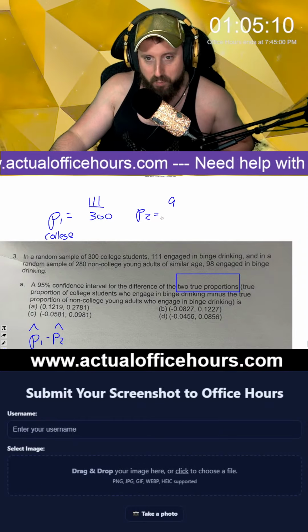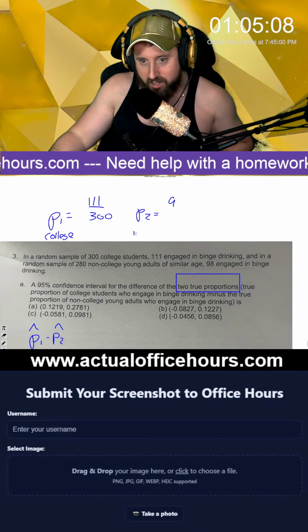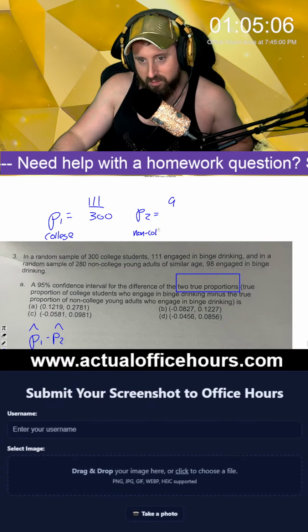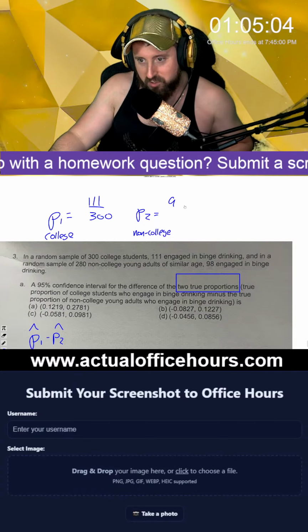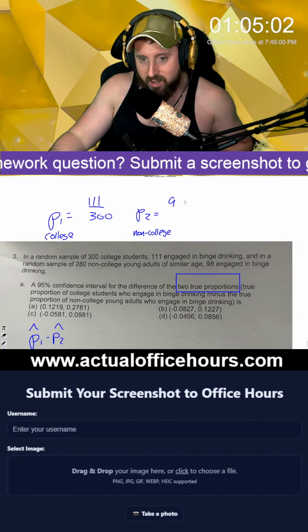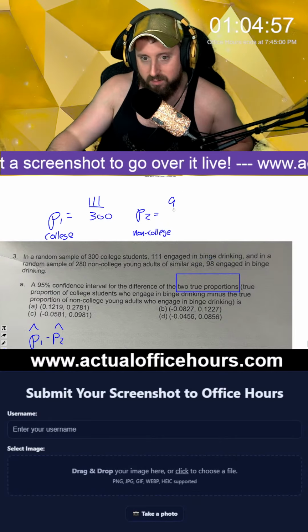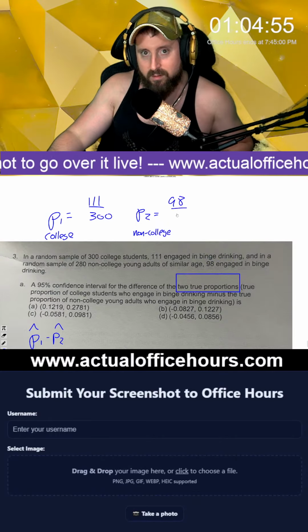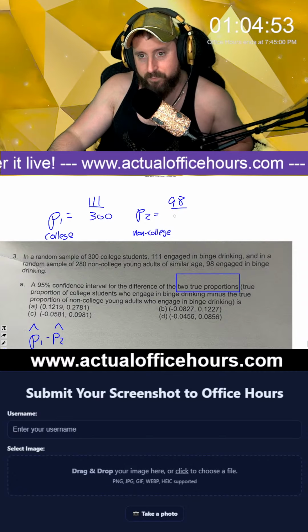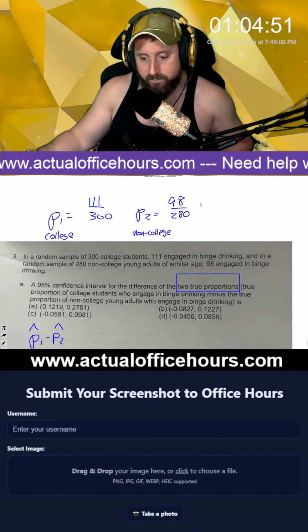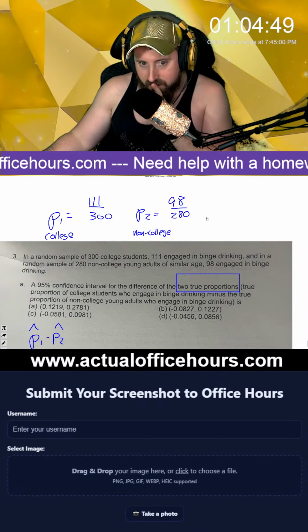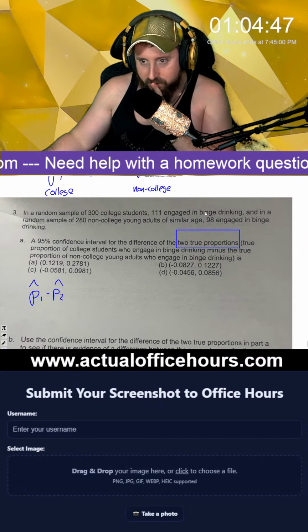All right, so P2 proportions. These are the non-college students. So kids who don't go to college, how much do they binge drink? And that's 98 out of 280. And then we're trying to get a 95% confidence interval.